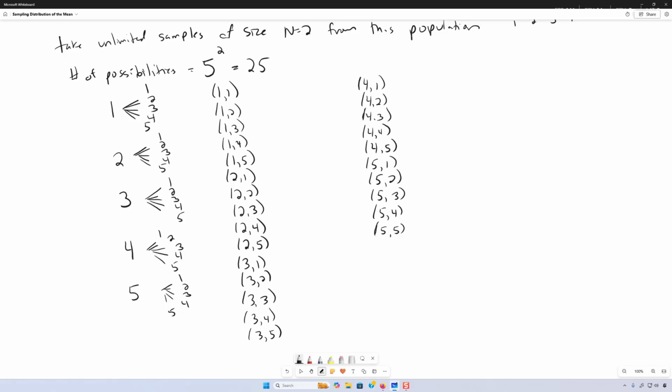Okay, these are my 25 samples. Let's find the mean of these samples. So I just add them together and divide by 2. And I find the mean. And then I'm going to plot the means.